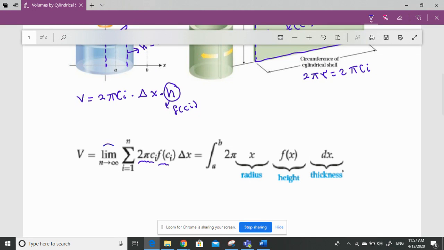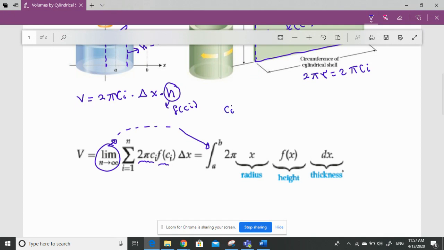When you take the limit as n goes to infinity, that means you will have the definite integral from a to b of 2 pi x f of x dx, because now all ci here will be x.